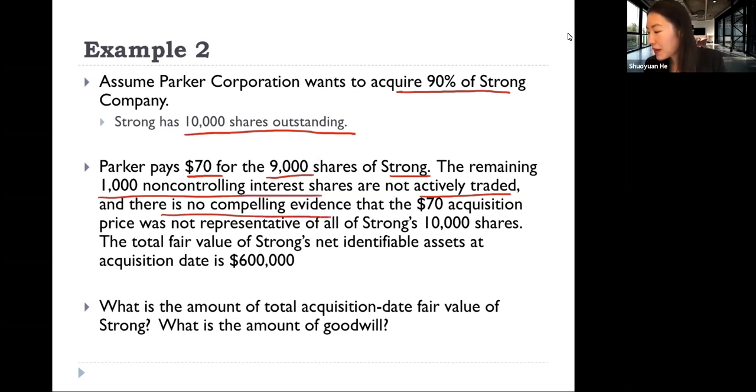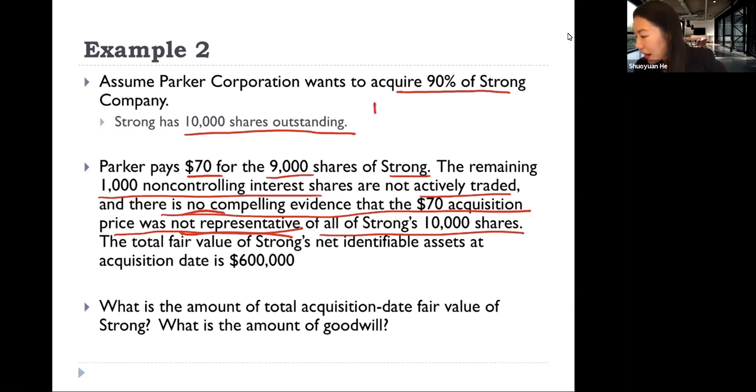And there's no compelling evidence that the acquisition price was not representative of all of Strong's 10,000 shares, meaning that we can just view this $70 as representative of the value of all of Strong's 10,000 shares.